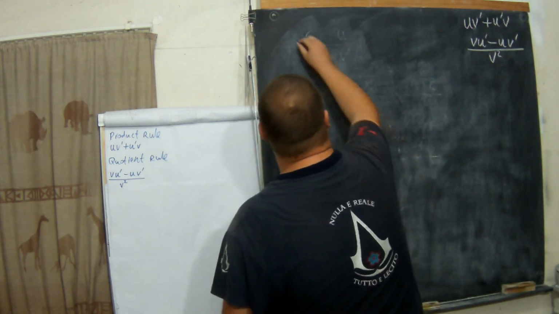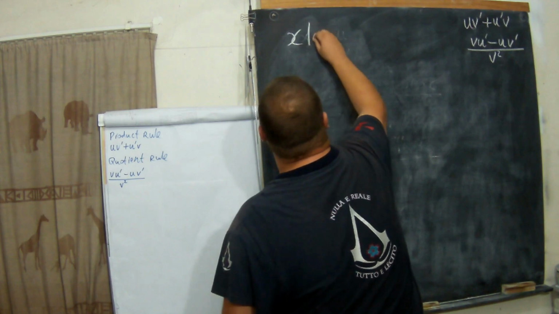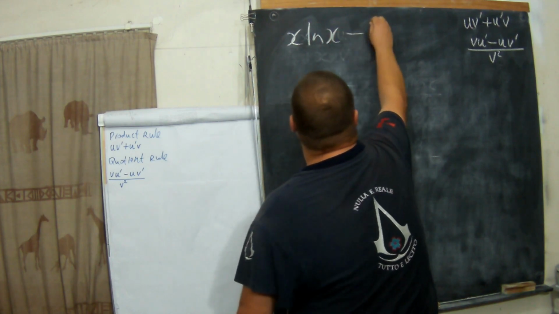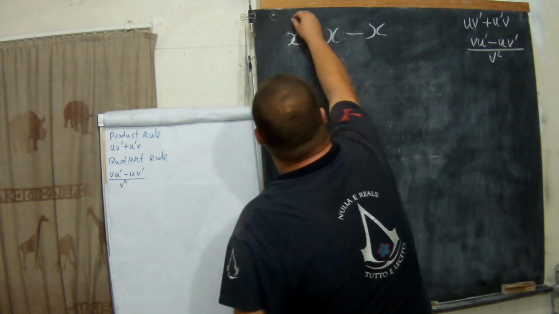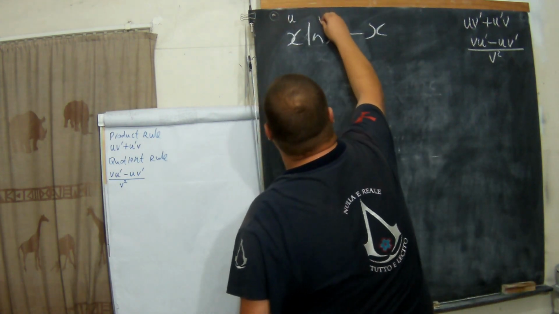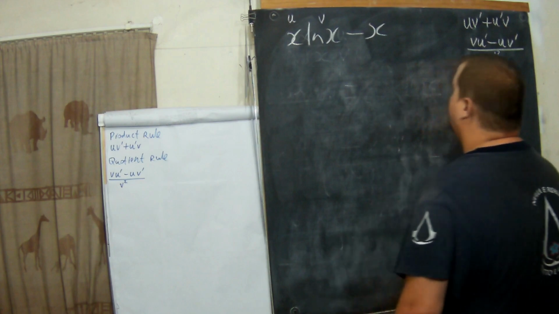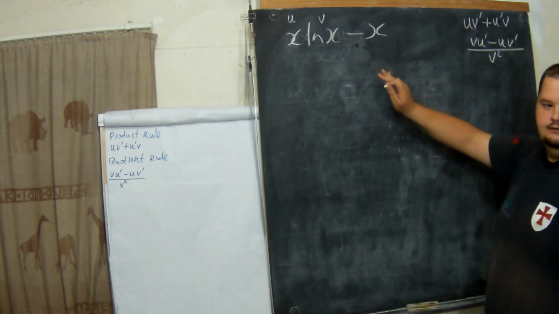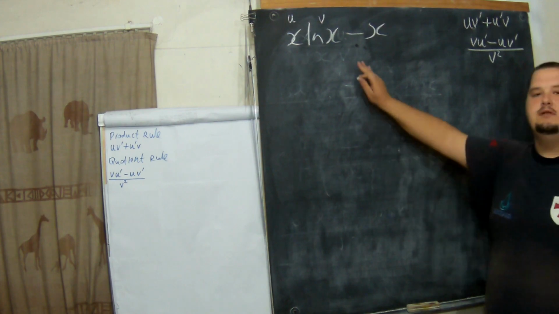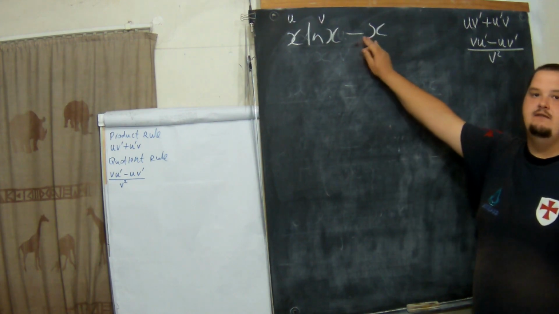And now we have this one. Now, this is U and that's V. And this is a separate sum altogether, a separate piece of the sum.